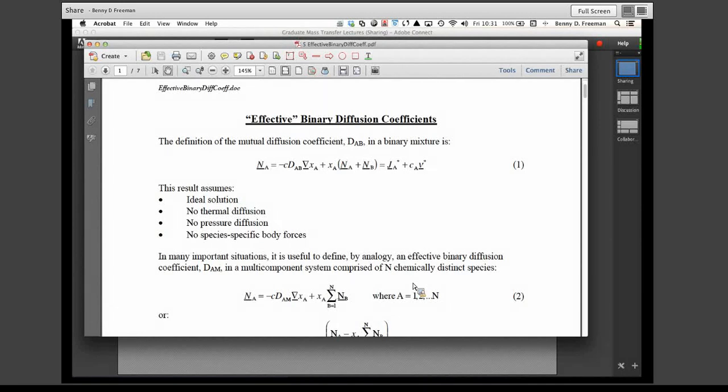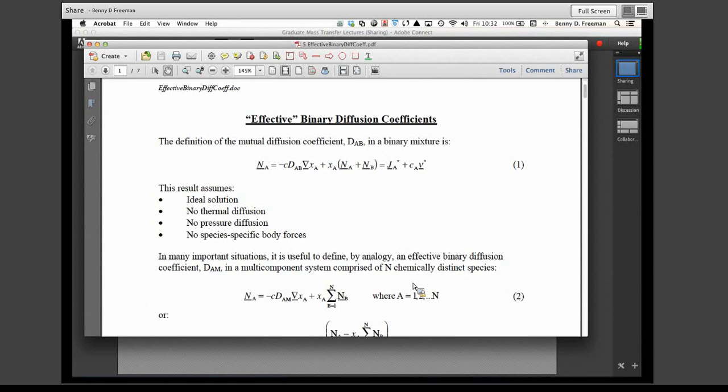For example, if you are interested in modeling the dispersion of a pollutant, say an organic chemical, in air, very often the way this will be modeled is not to treat air as a 1,000 component system with your pollutant, oxygen, nitrogen, CO2, argon, and go on down the list of all of the trace components that may be in air.